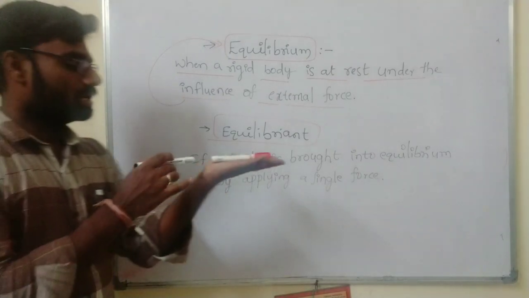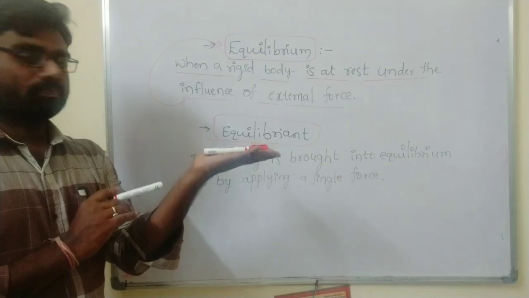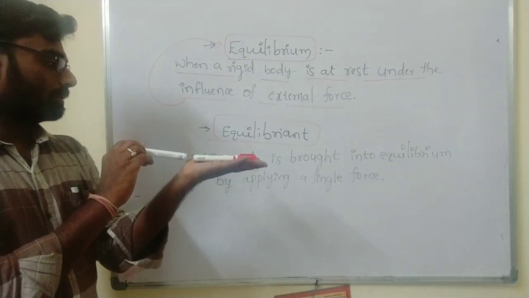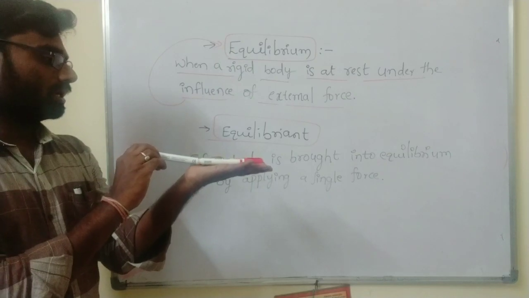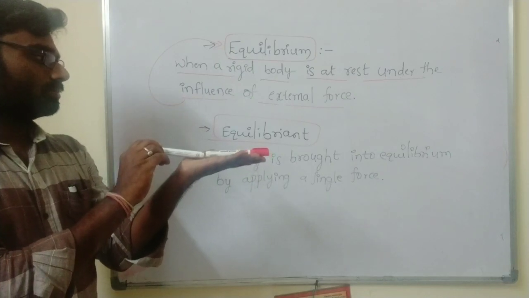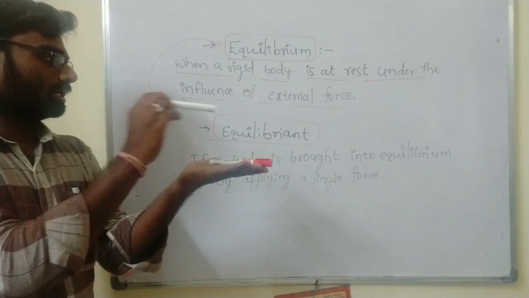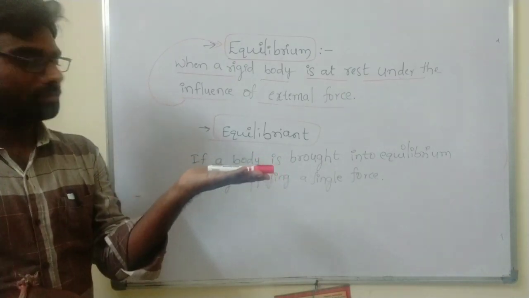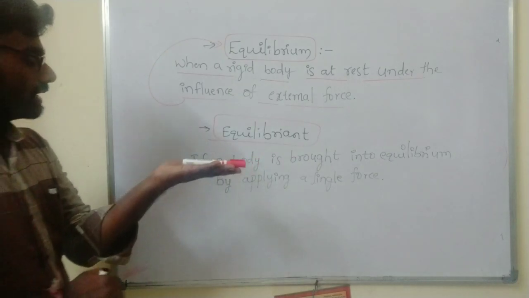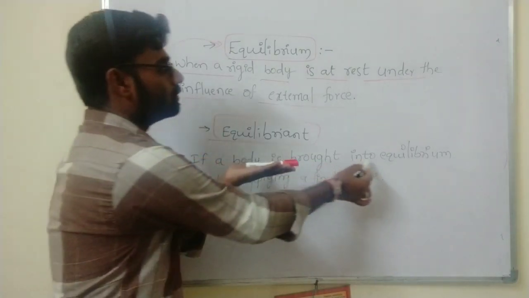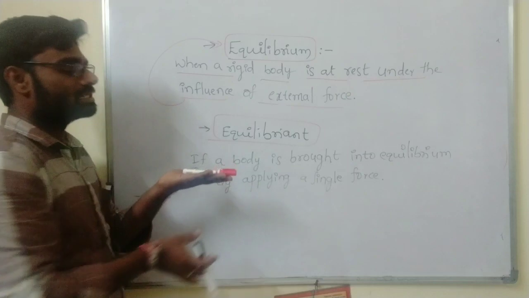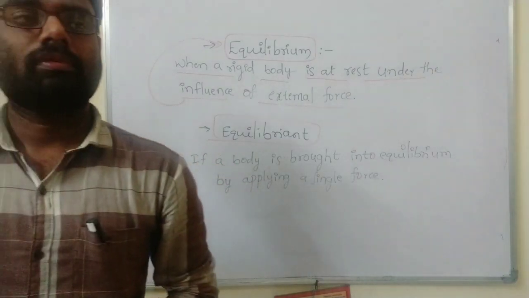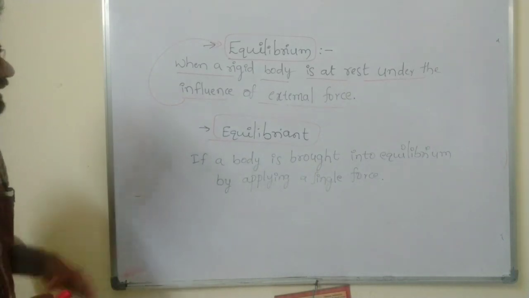This is a body, and this is the force. I am applying a single force on the body, and then it will automatically change into equilibrium position. So if a body is brought into equilibrium by applying a single force, that force is known as equilibriant.